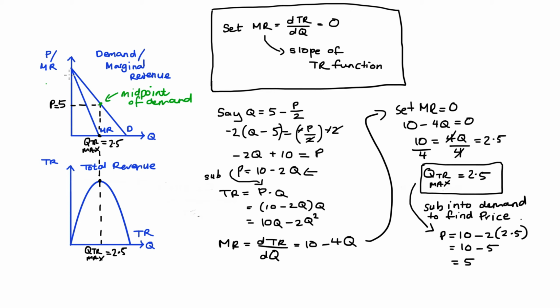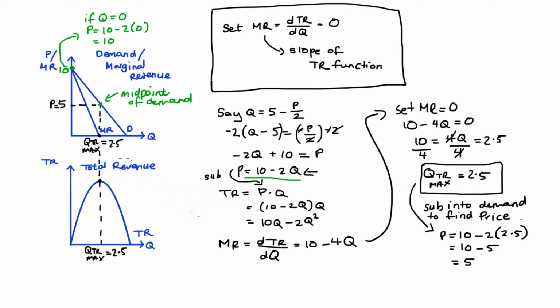The first thing we're going to need to do is to find the intercept values for our demand curve. On our demand curve, the price axis intercept occurs when Q is equal to 0. So I can find that point if I substitute Q = 0 into our demand curve, or I can use my inverse demand curve. And we can see that if Q is equal to 0, then P is equal to 10. So that's our price axis intercept.